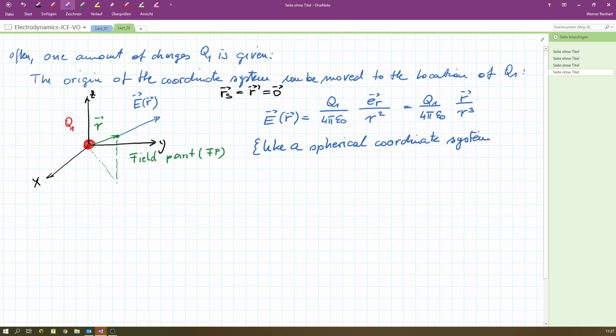With only the radial component of interest, it is more or less a radially symmetric field pattern.